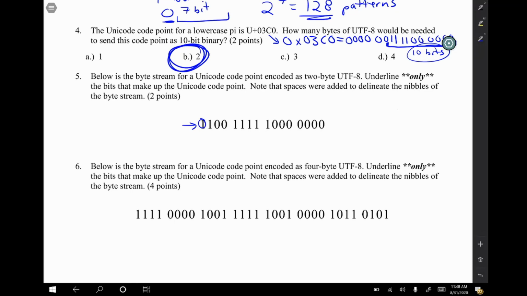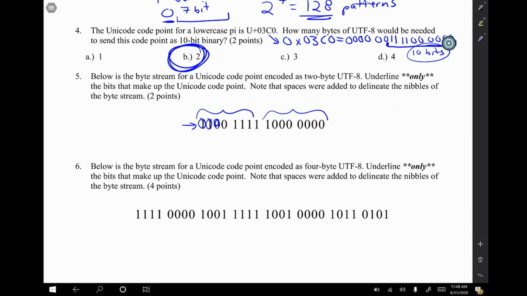That means it's not an ASCII 7-bit single byte code. Second bit is a 1, and then the third bit is a 0. So this 110 here, that identifies it as a 2 byte sequence, which is cool because that's how many bytes we've got, right?